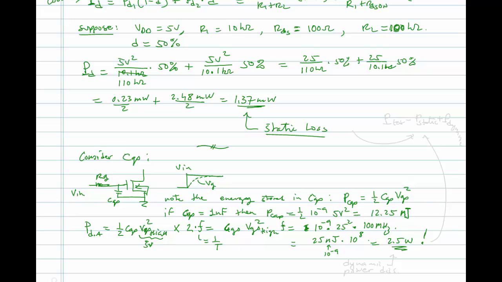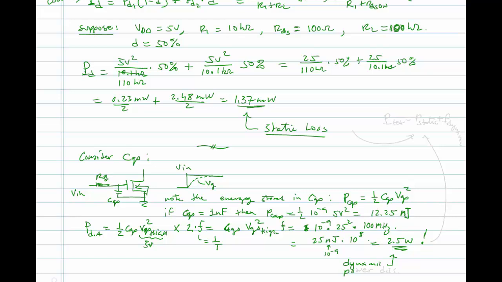Now, this is absurdly high, but it just goes to show that even a small amount of energy stored, if you're going to be storing it and dissipating it quickly, often enough, it can amount to some significant power. So this is called the active power, or dynamic power, I'm sorry.